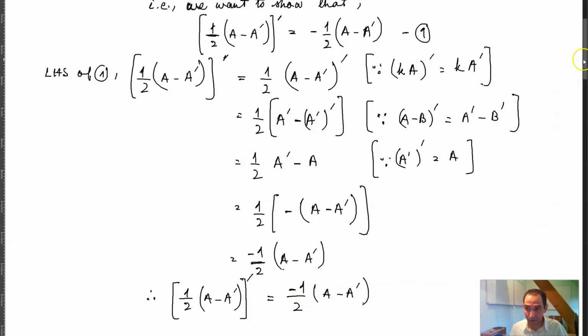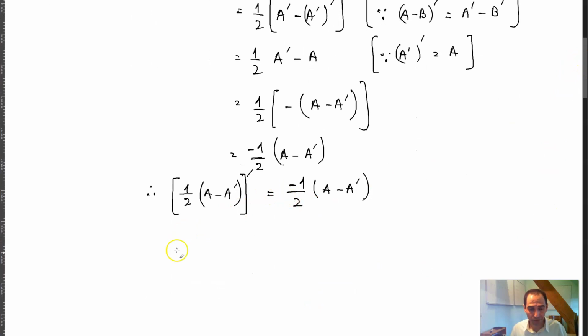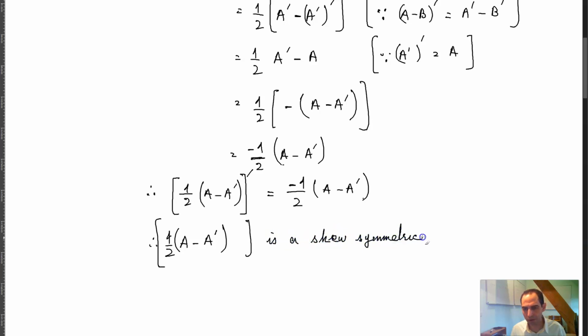And that basically means that 1/2 of (A minus A prime) is a skew symmetric matrix, right?